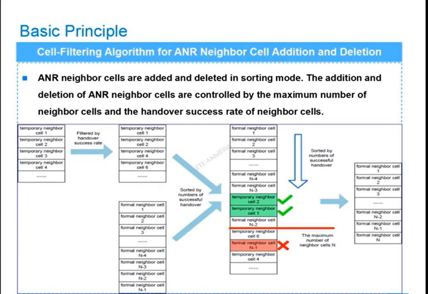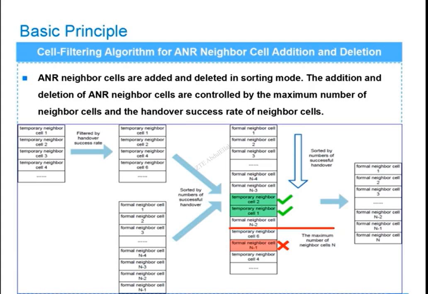The selected temporary neighbor cells and the formal neighbor cells are sorted according to the numbers of successful handovers. We usually set a threshold number, for example, this number is n. So if n is smaller than the maximum number of neighbor cells, it will determine the temporary neighbor cells and the formal neighbor cells.